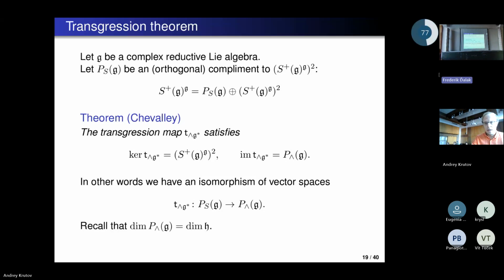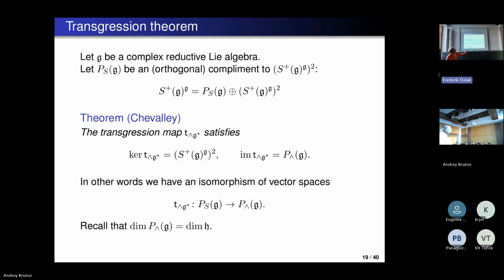Sorry, you said that you use this to calculate the cohomology of exceptional groups. Yes. How? Well, because after you prove this theorem, you can easily compute the primitive invariants for exceptional groups. Okay, the symmetric map.